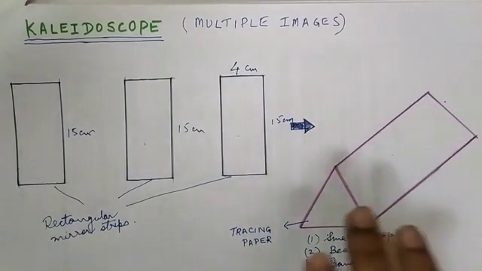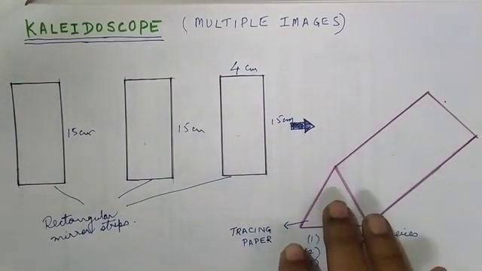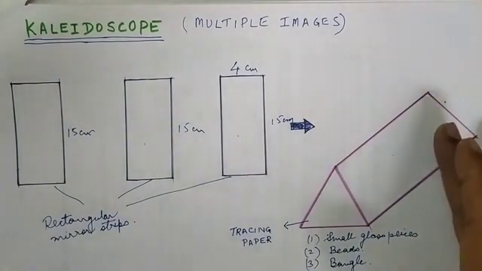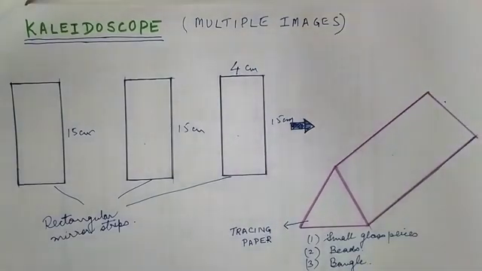Some amount of light will pass through this translucent paper sheet, and when we watch it from this end through the small opening in the cardboard, we will see beautiful patterns of light being formed. Now why does this happen?